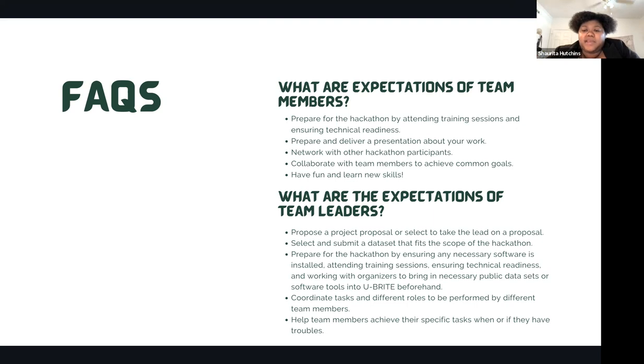And also just being able to, when it comes time for the hackathon, delegate and figure out what people's interests are, and help them go that way, while you also dive into your own interests. So that's really the goal of the team leader, is just to make sure that no one's drowning during the hackathon, because you will have people of various experience levels.